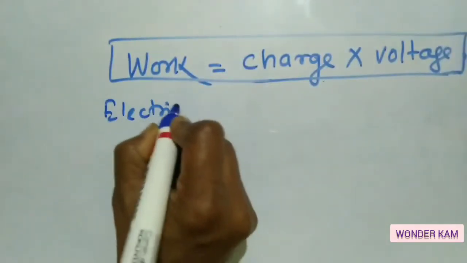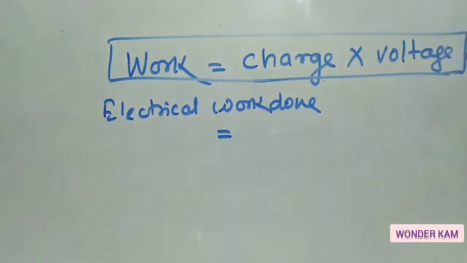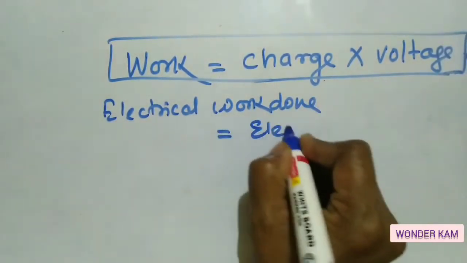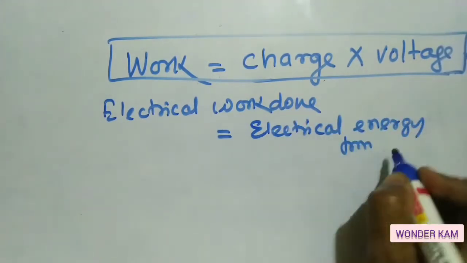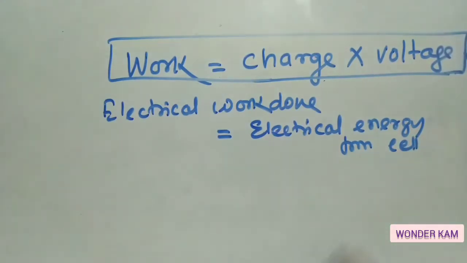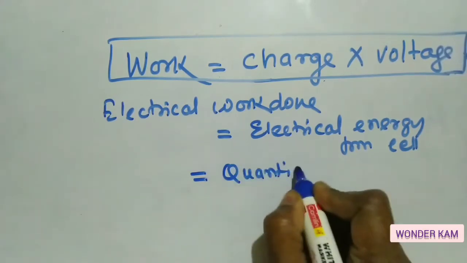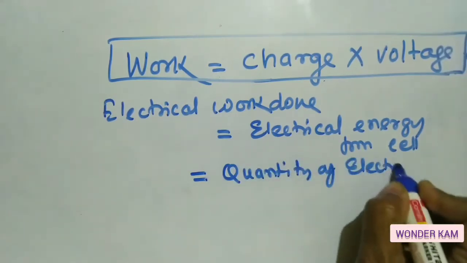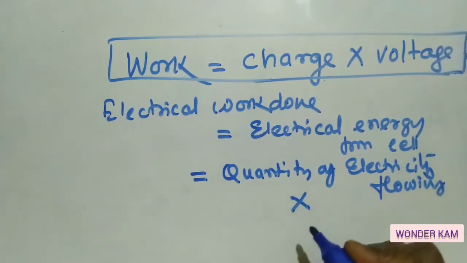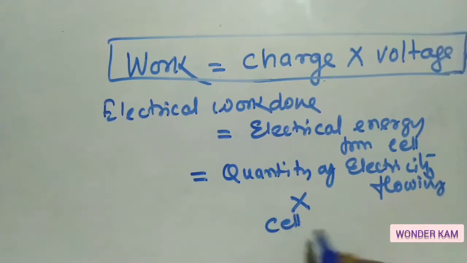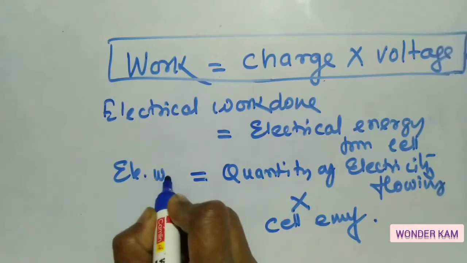We can write: electrical work done is equal to the electrical energy produced from the cell, and this can be obtained from the quantity of electricity flowing into the cell potential or cell EMF. So this is the electrical work done.